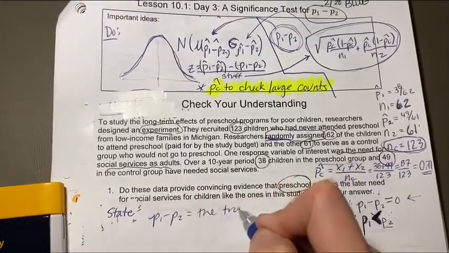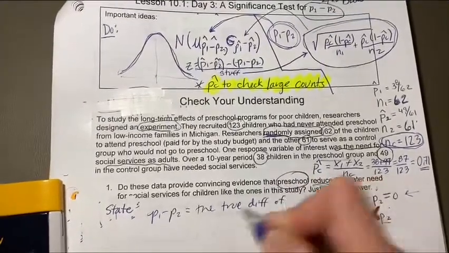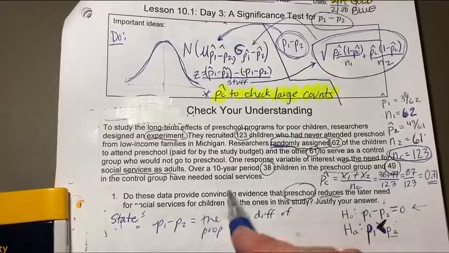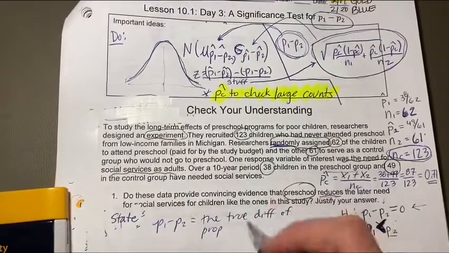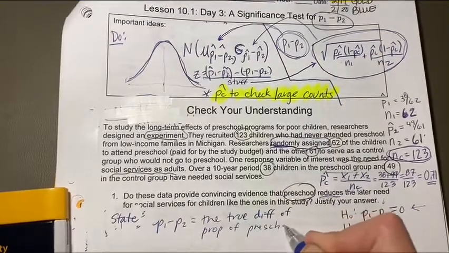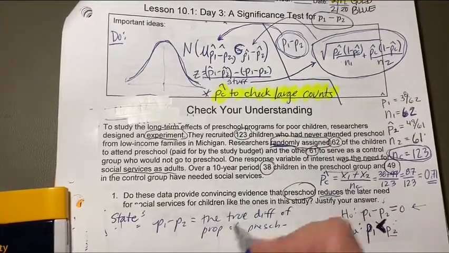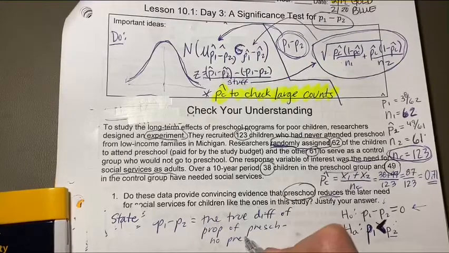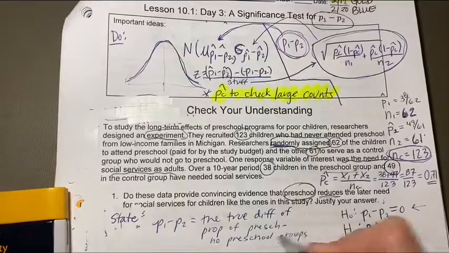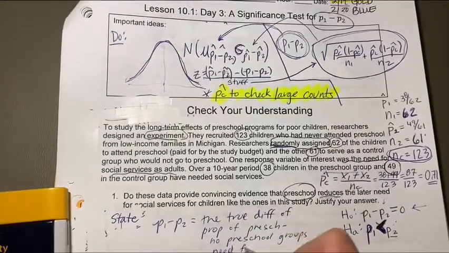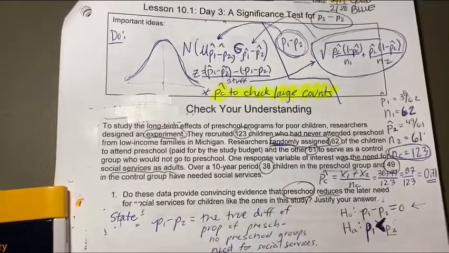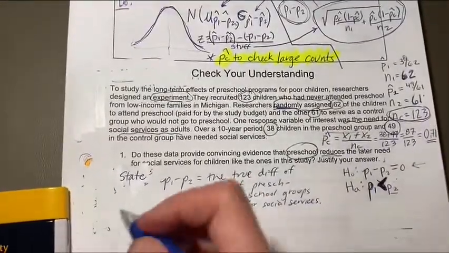The true difference of proportion of preschool minus no preschool groups need for social services. Okay, so that is what P1 minus P2 represents.